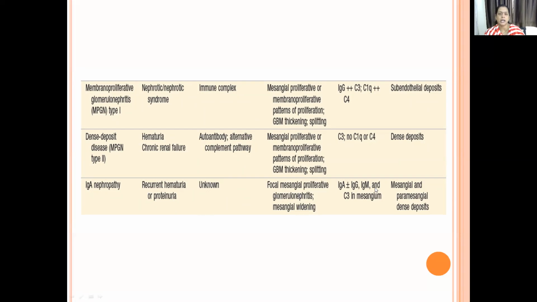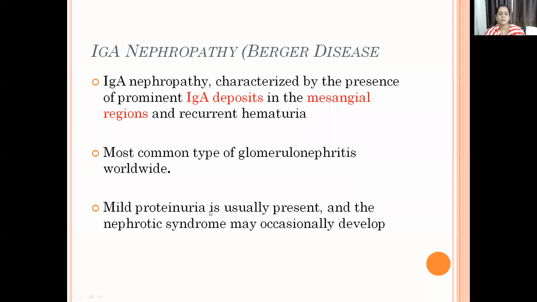Obviously, IgA, the term denoting immunoglobulin A, is getting deposited in the mesangium. It can be seen individually as IgA, or it can occur in complexes with chains of immunoglobulin G. Then there is also activation of C3 which can be deposited in the mesangium. Thereby we can see the mesangial and paramesangial deposits.